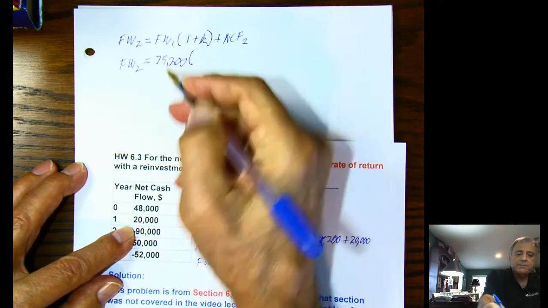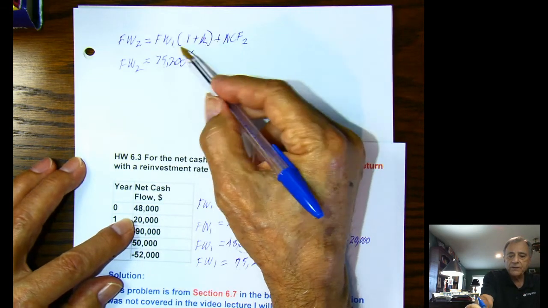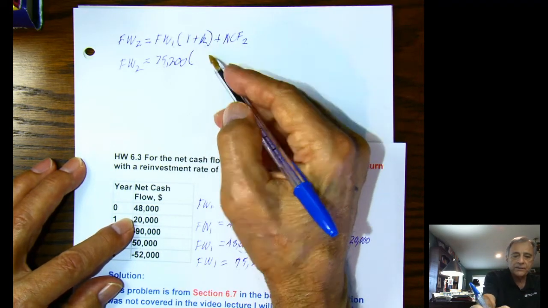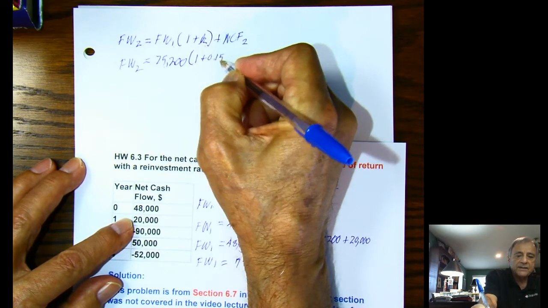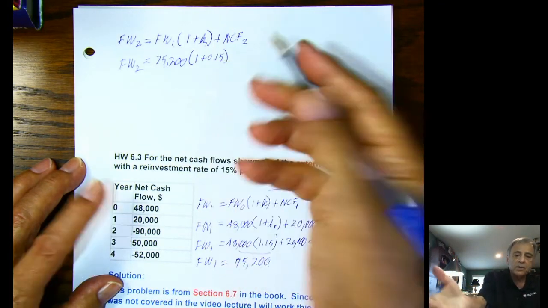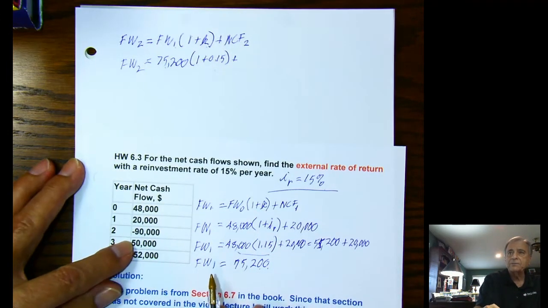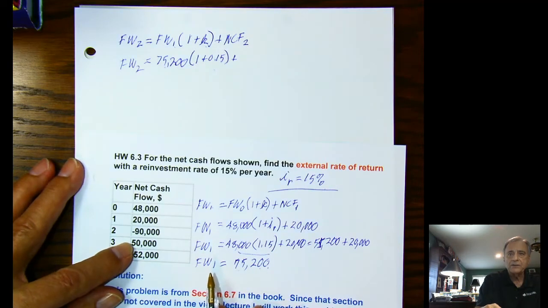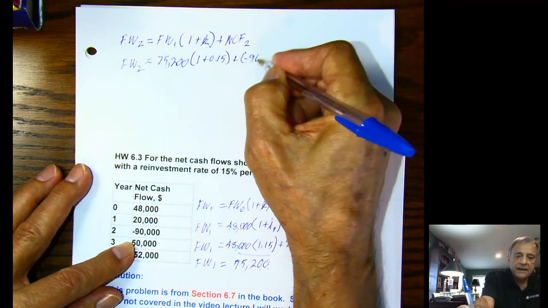And since that's positive, we use the reinvestment rate for this K value. So this is going to be 1 plus 0.15, that's the reinvestment rate, okay, 1.15. Plus, we're going to add to that now the minus 90,000, which is the time 2 cash flow.